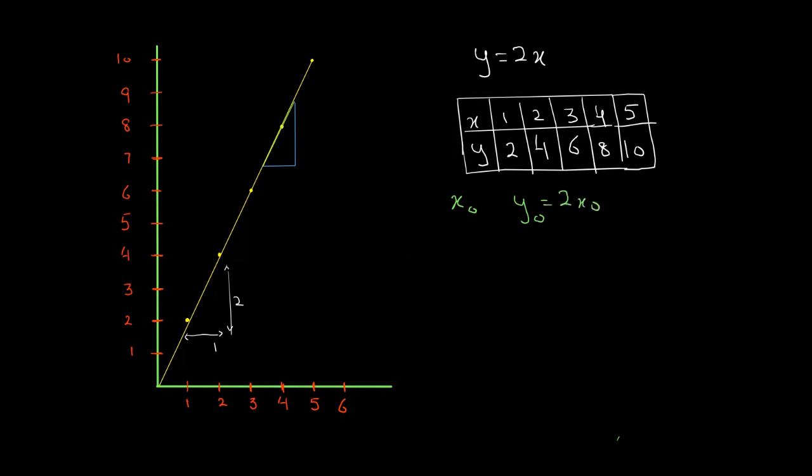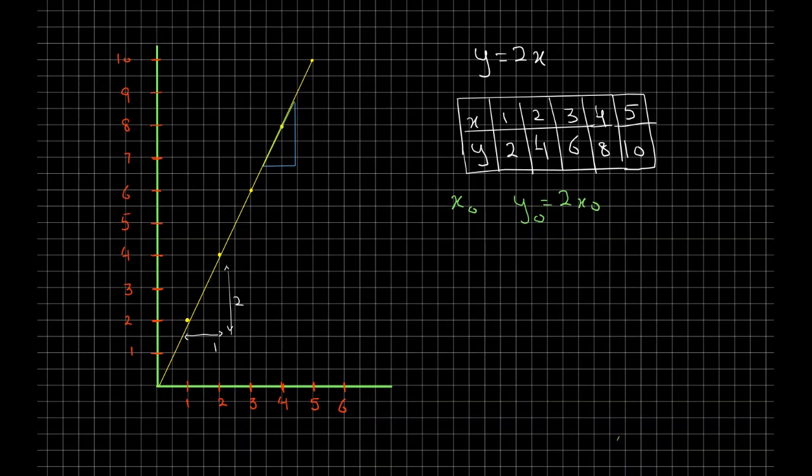So for example, let me turn on the grid again. x naught could be exactly this point right over here, and this point would be y naught. Okay, this is what I mean.